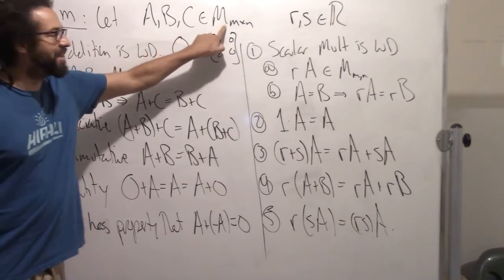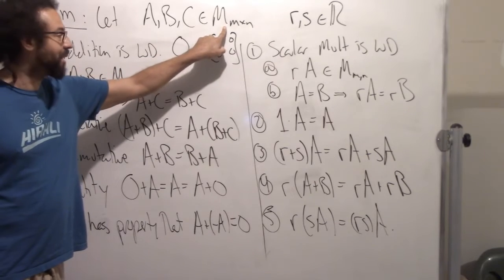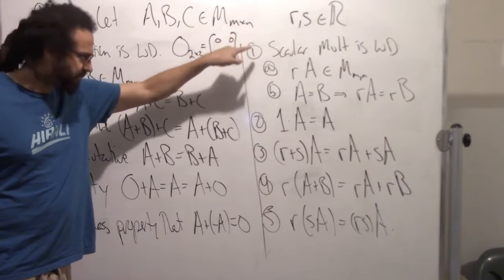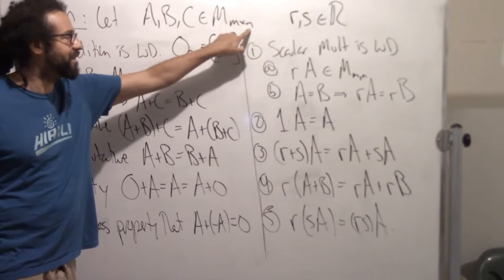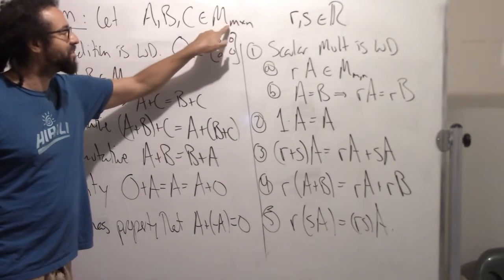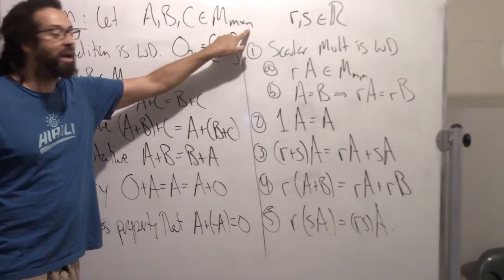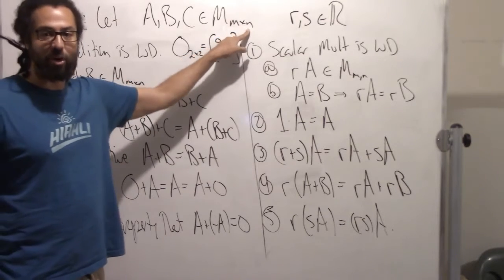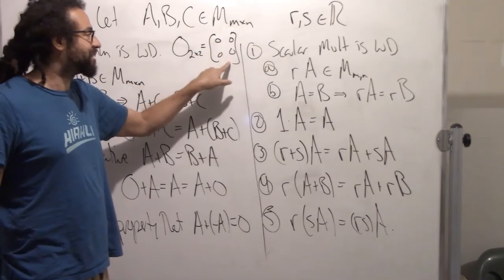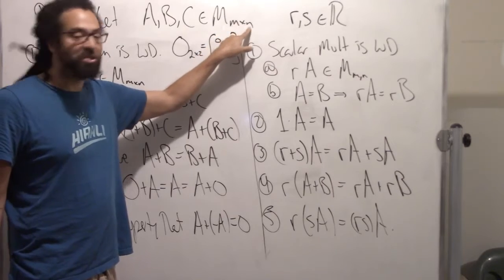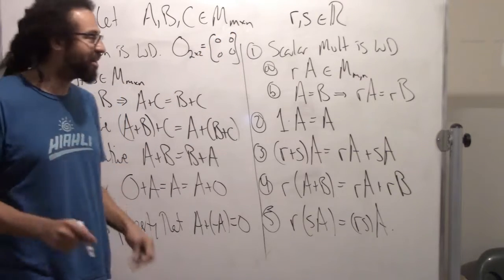So every one of these things has a 0 matrix, right? No matter what m and n are. If this is 100 and this is 200, then the set of 100 by 200 matrices will have a 0 element. And it's the 100 by 200 matrix with zeros in all of the entries, right?